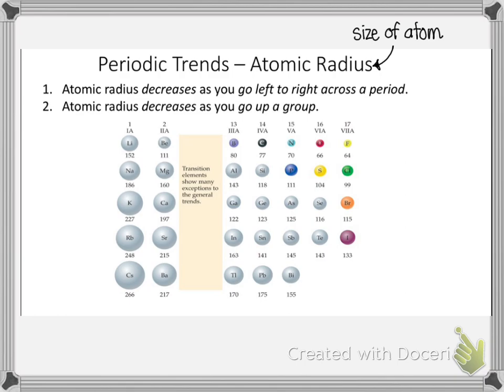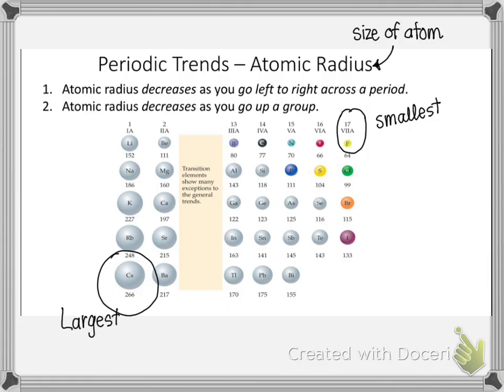So in general, in the upper right-hand corner of the periodic table are the smallest atoms, and in the lower left-hand corner are the largest atoms, just as a general idea. Okay, so it gets smaller across and smaller up, or bigger down. You could do it either way.